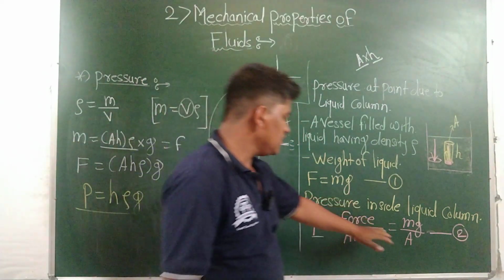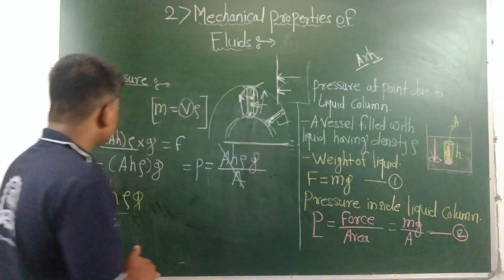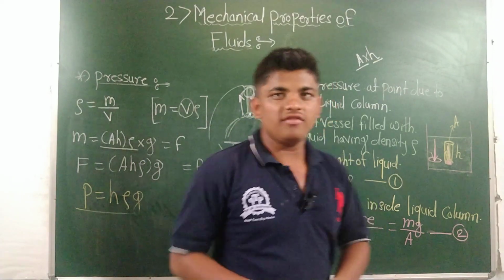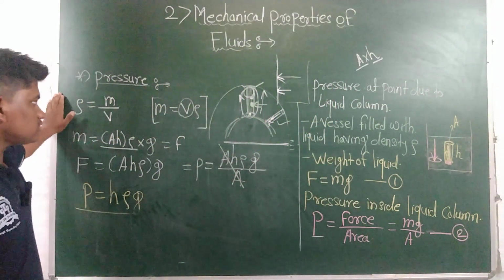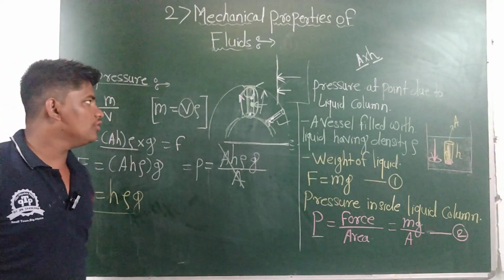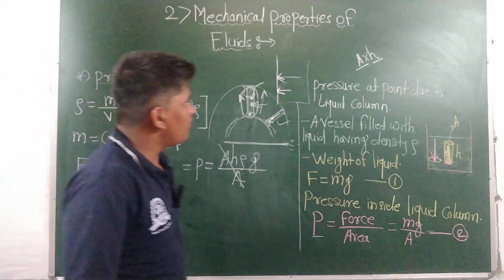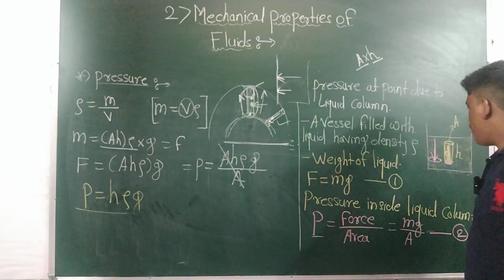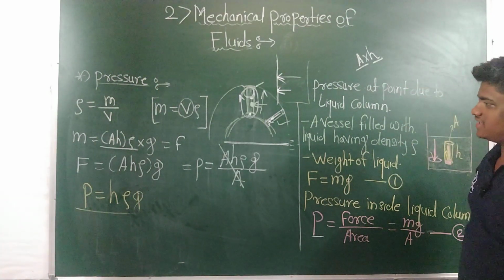Then force is mg, area is the cross sectional area, that is A. And we know that the equation of density is mass per unit volume. Then m is equal to volume into rho, density. What is the equation of volume? The volume of a cylinder is equal to cross sectional area into the height of that cylinder.